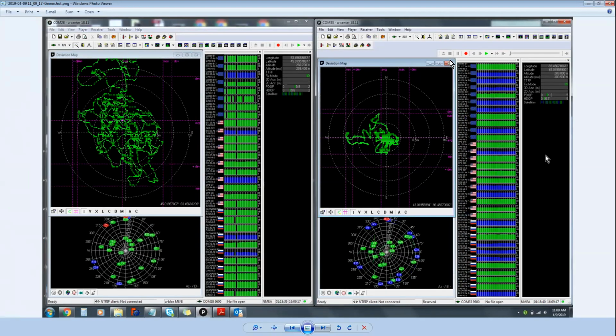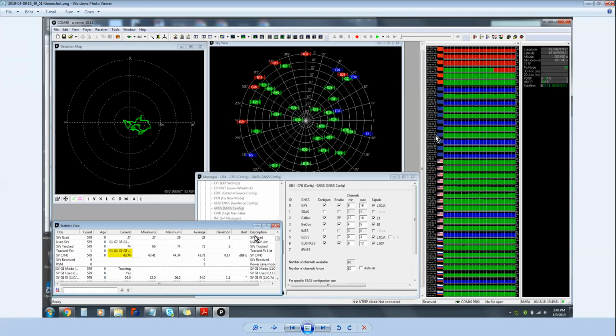So here, when I first started, it said it could see 6 of the Chinese satellites and a bunch of the Galileo, but if it's blue, I think it means the signal strength is low. If it's green, that means it's got a good signal and it's probably using it. And if it's red, it means it can't use those. So if you look on this chart here, the ones right along the edge are all red because they're too low on the horizon for it to honor those.